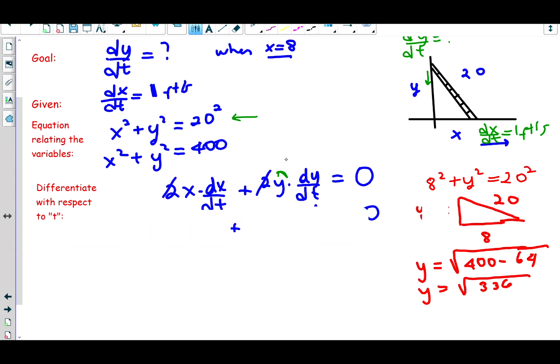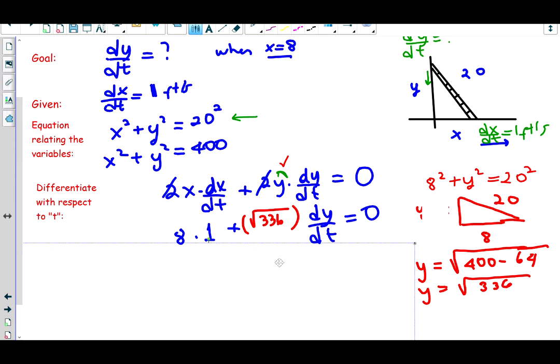So now that we also know this quantity, we can go back and solve for dy dt. So again, dx dt was 1, x was 8, y we just got square root of 336, and dy dt is yet to be determined. So all we have to do is go ahead and subtract 8 from both sides and then divide by root 336.